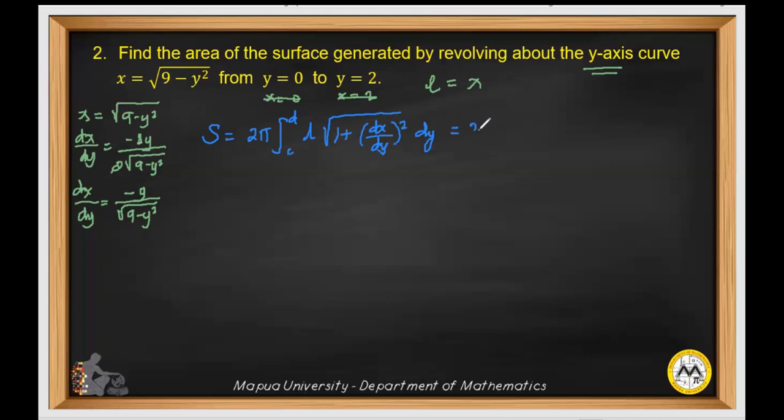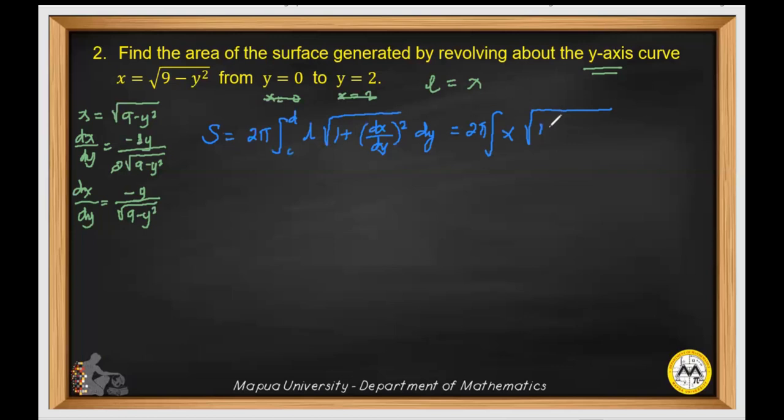Hence, this will give us 2 pi integral of L, which is x, and the derivative of x with respect to y is negative y over the square root of 9 minus y squared.